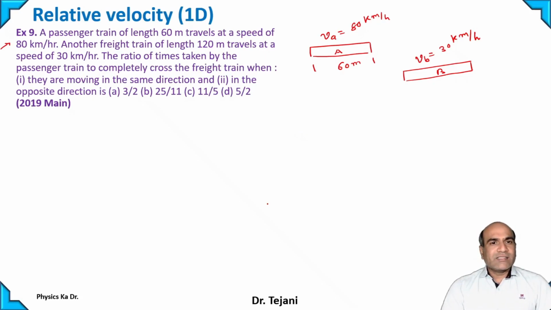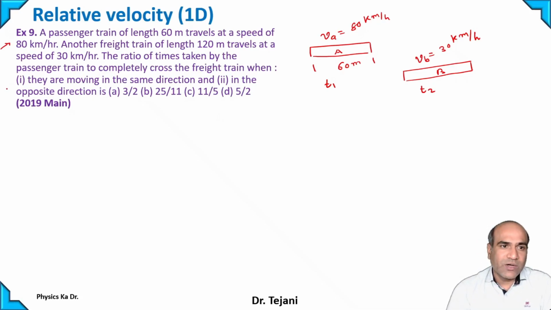It is asked to find the ratio of the times taken by the passenger train to completely cross the freight train under two conditions, T1 and T2. Condition 1 is T1 and condition 2 is T2.